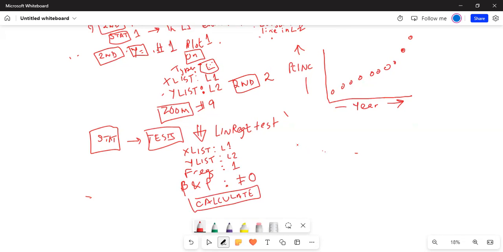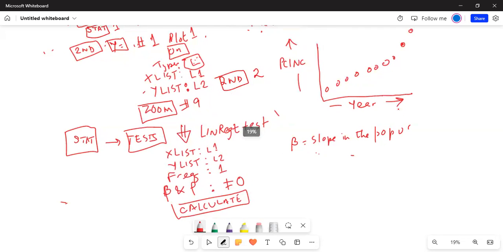So beta is the slope in the population. And rho, this is Greek, small r, is the correlation coefficient in the population.